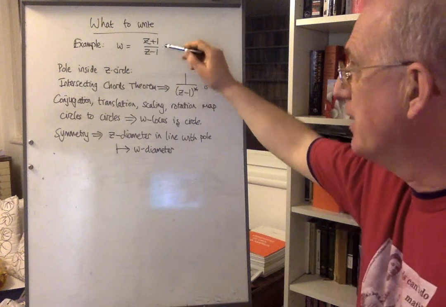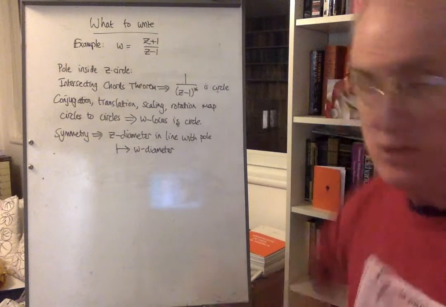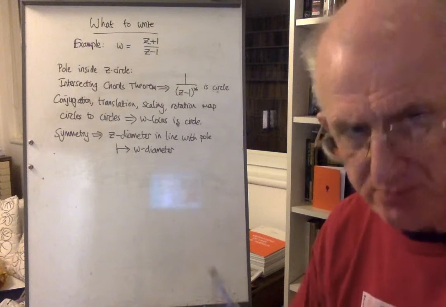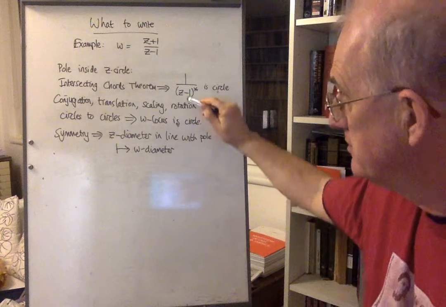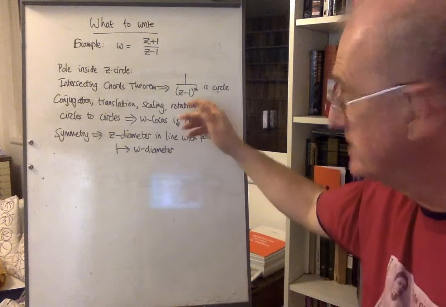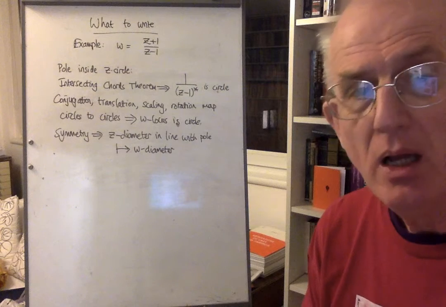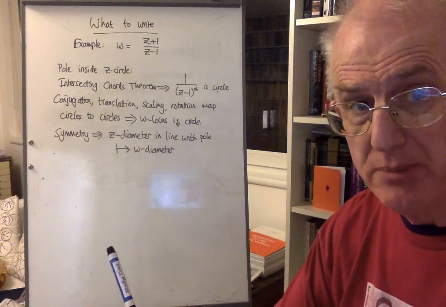Notice I've just got the bottom bit of the transformation. I'm not bothered about the z plus 1 at the moment. I'm just bothered about the 1 over bit of it. And I've got a star there, a conjugate.